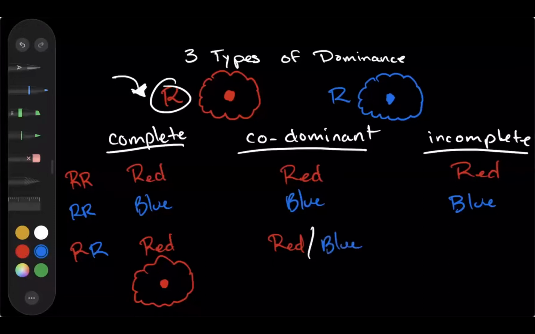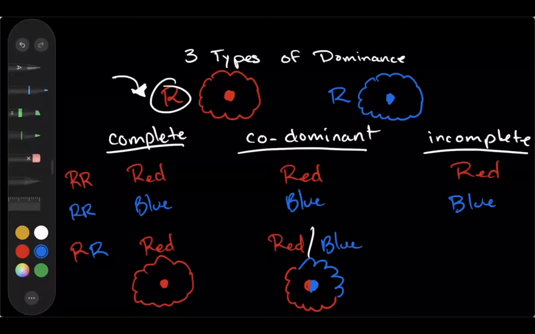So you would have something that maybe looks like this. So both alleles in this genotype would be expressed in the phenotype. So you would see both colors. So there we go. So you would get a flower that has both alleles expressed in the phenotype.